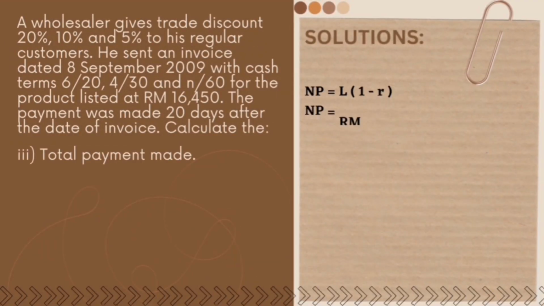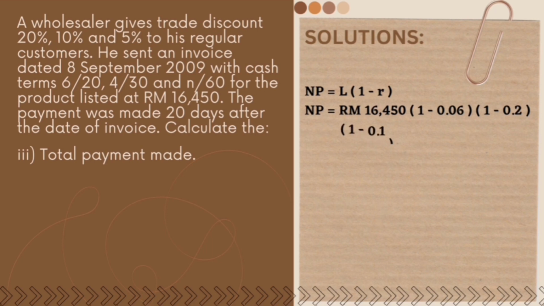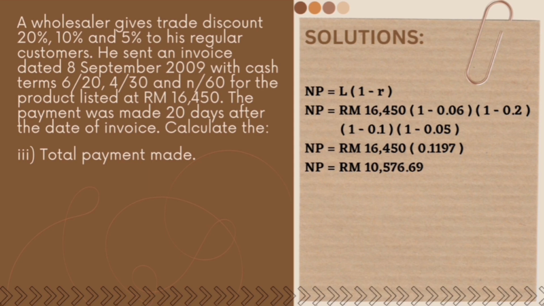Let's move on to the next question. This question requires us to calculate the total payment made. The same formula used in the second question must also be used in this one. However, since the payment was made 20 days after the invoice date, we must also include the 6% discount. So, the formula is NP equals L multiplied by the product of (1 minus R).